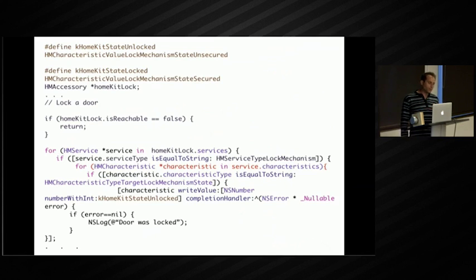So if it's not reachable, you don't even necessarily need to try. Typically, if a lock is not reachable, you can't actually do anything on it. So we just search for all the services in the lock that match what we're looking for, the mechanism, and then we find the target lock mechanism state characteristic, and we write the value, and we get a completion handler that takes a second or two, and it tells you if you were successful or not.